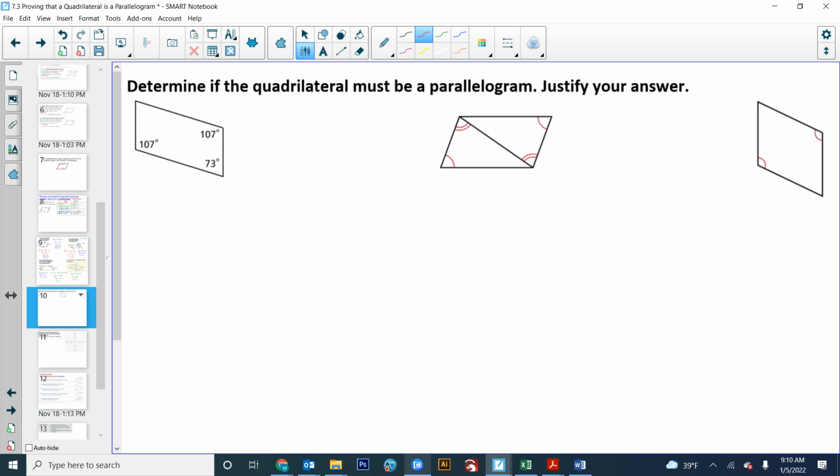But what does the condition say? One angle is supplementary to both. Okay, a condition has been met? Yes. One angle, okay, supplementary to both. You can't just say both. You have to say both consecutive angles.